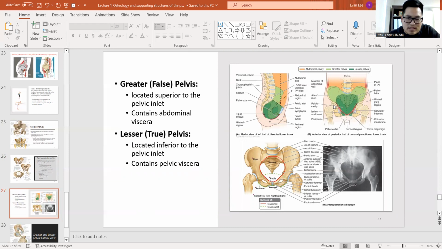So for instance, when you think about a baby going through here, you don't want to think about the false pelvis. The baby might get there, but if it can't get through the true pelvis, then you are in trouble. That is not going to work. The actual space that can travel through the pelvis is the lesser or true pelvis.